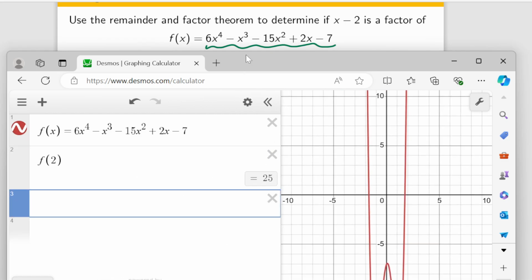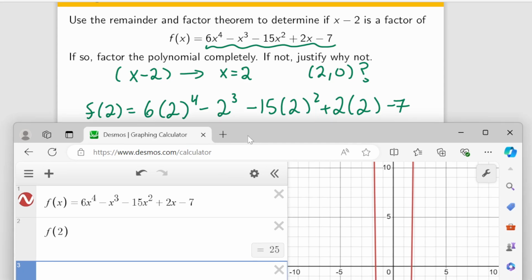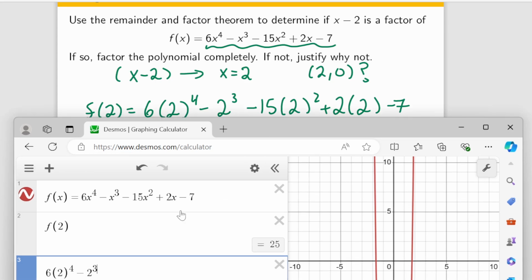Or you could actually do out the multiplication systematically yourself. So that's 6 times 2 to the 4th power minus 2 cubed minus 15 times 2 squared plus 2 times 2 minus 7.